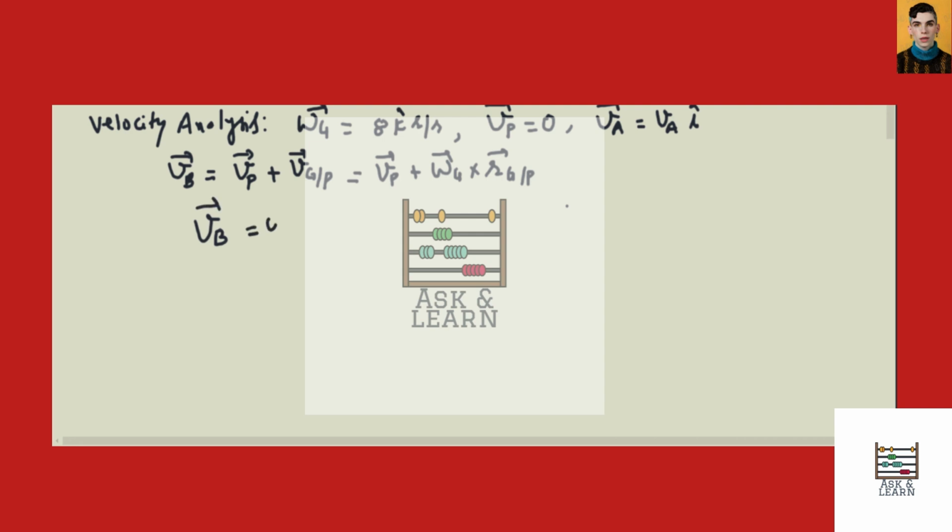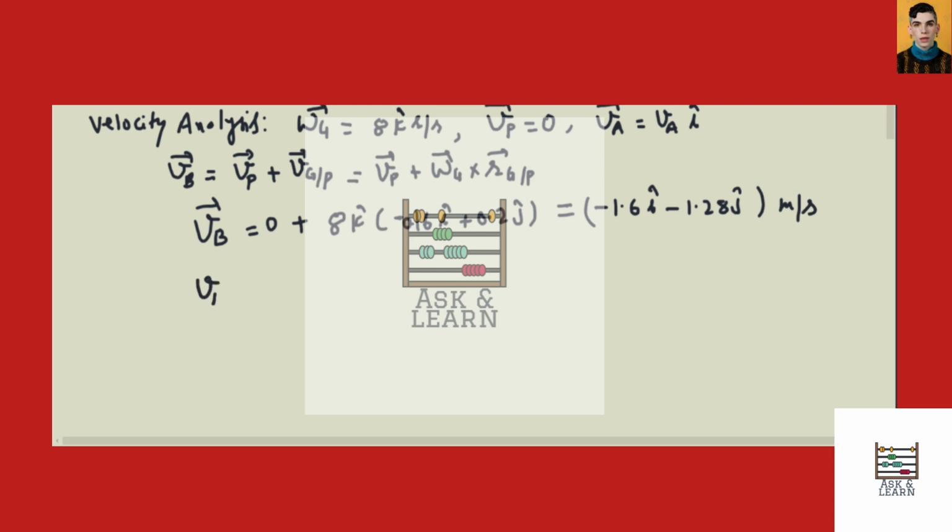Velocity of P is 0. Omega is 8 k cap and this position vector we have already written, 0.16 i cap plus 0.2 j cap. So on solving it, this velocity will be minus 1.6 i cap minus 1.28 j cap meter per second.